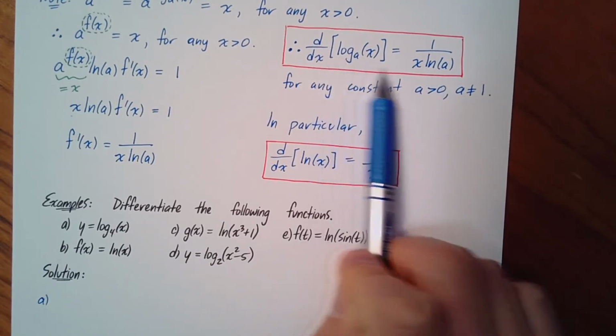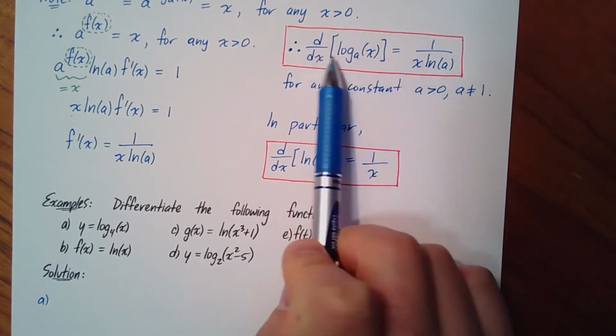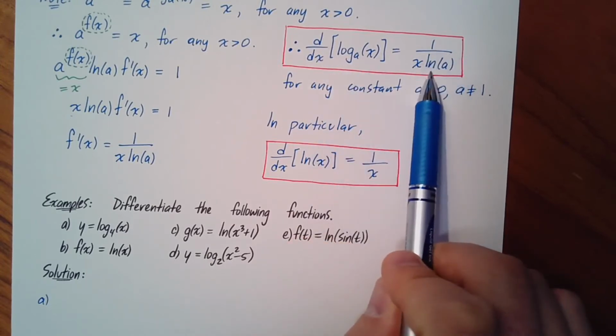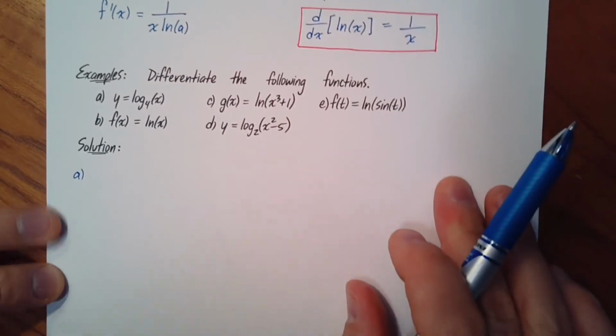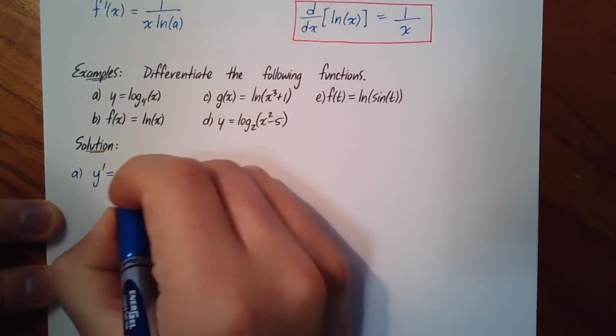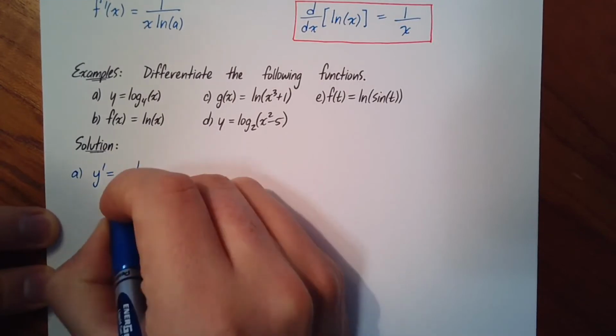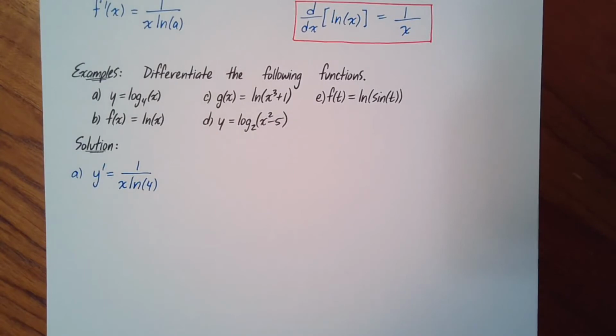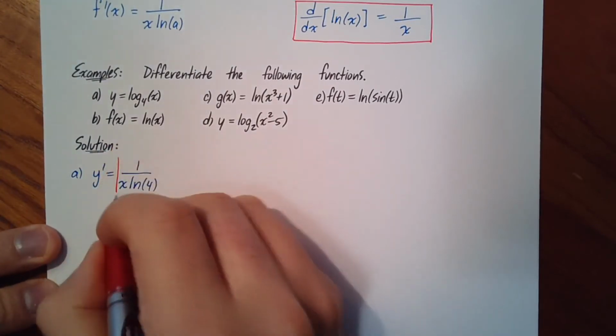So we can just use this formula to instantly answer the question. The derivative of log base 4 of x is 1 over x times the natural log of 4. So y prime is just 1 over x times the natural log of 4. Not much to that one.